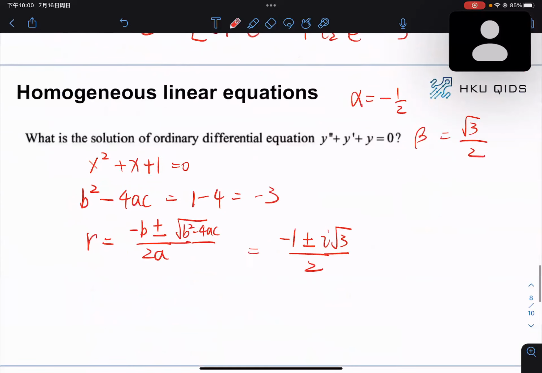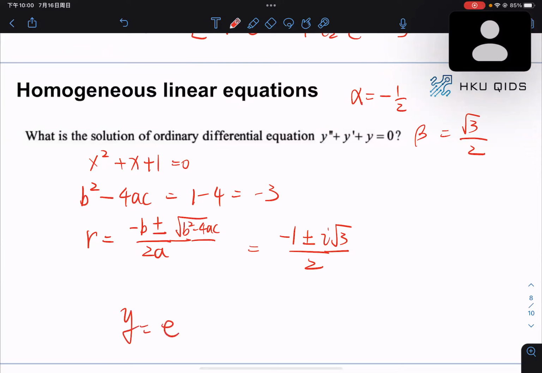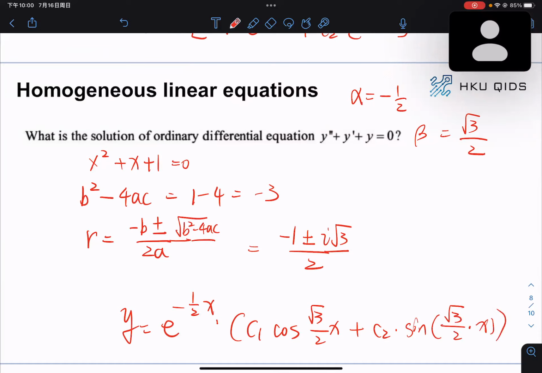So the general solution is y equal to e^(-x/2) multiplied by (c1 cos(√3/2 x) + c2 sin(√3/2 x)). Okay, we finished that.